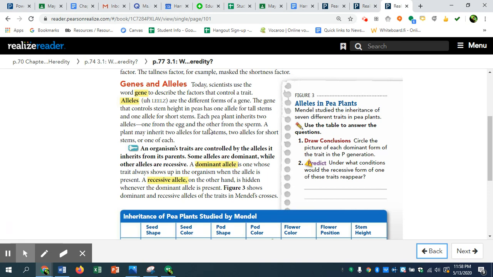So that's why we all look different. You have a gene for hair color, but now there are different alleles for that gene. There are alleles for brown hair, blonde hair, in between that color hair, red hair, all kinds of color hair. The gene that controls the stem height in peas had one allele for the tall stem and one for the short stem.